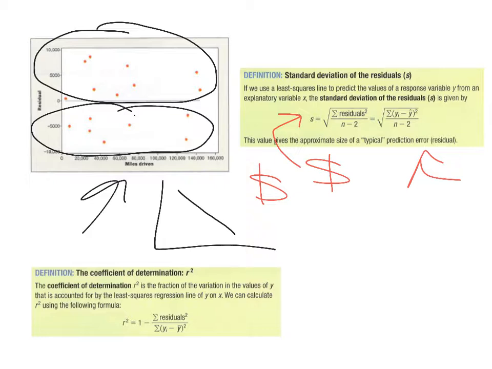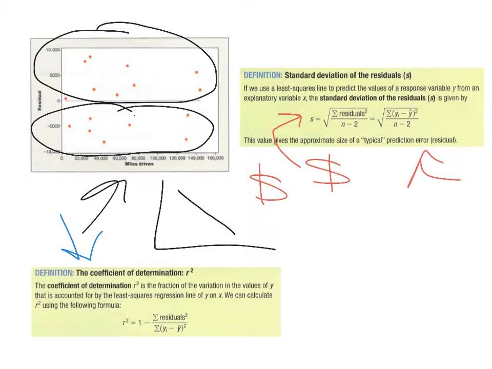They're the same. Another tool that we can use to see how good our data fits with our line is the coefficient of determination. Down here, this r squared. The coefficient of determination, or r squared, is basically how much variation is accounted for with our line. Your official definition here: the fraction of the variation in the values of y that's accounted for by the least squares regression line of y on x.